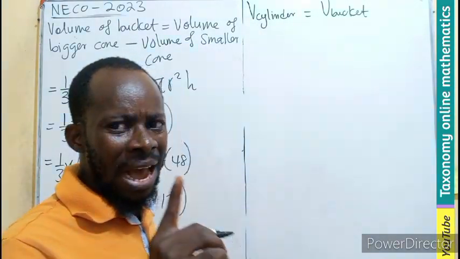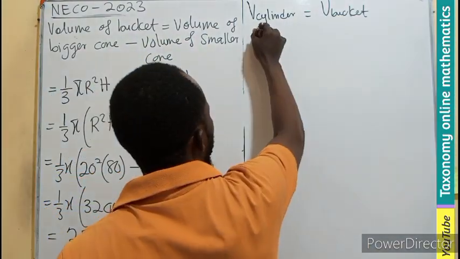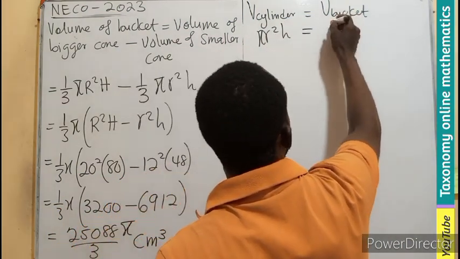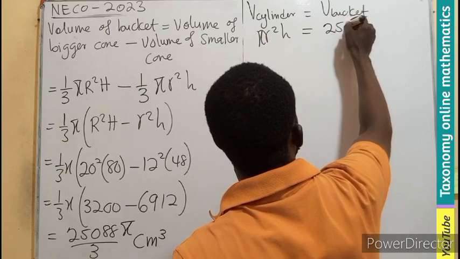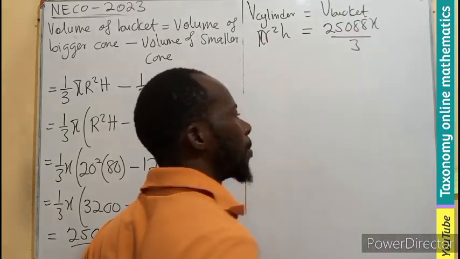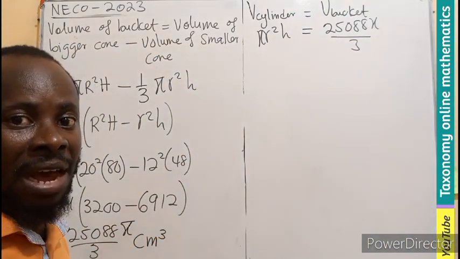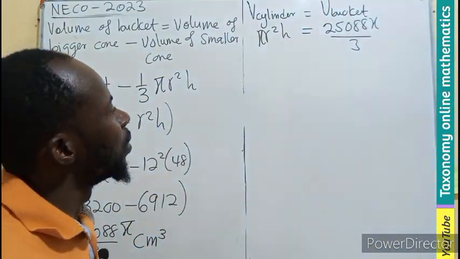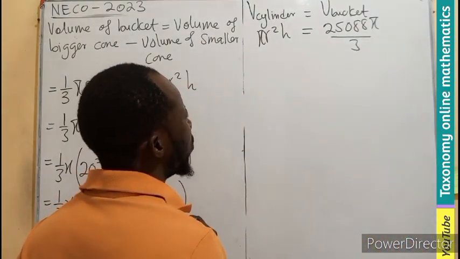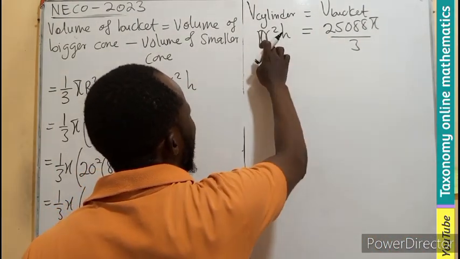I think that is pi r squared h, right? So you have pi r squared h equals 25,088 pi on 3. That is the volume of the bucket, right? This is the pi. Well, let's do substitution and see.